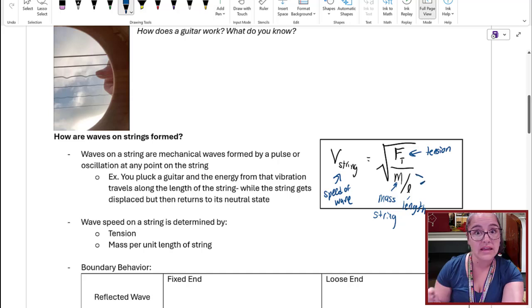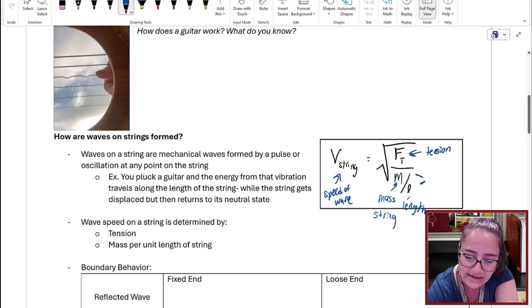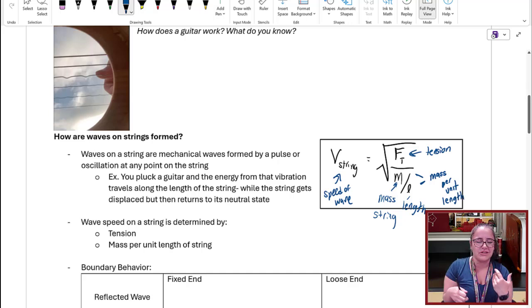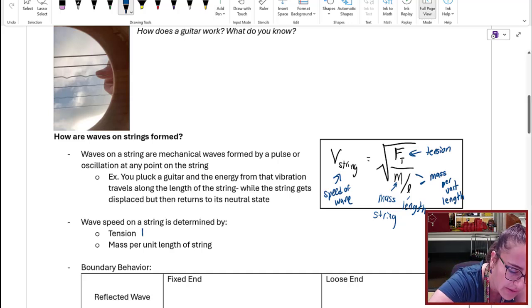Sometimes they'll give these to you together as the mass per unit length. Okay, very similar. You can think of it as like the density of the string. It's just in terms of the length of the string rather than in terms of the volume of it. Okay, so it is a square root relationship, but the tension, obviously, if you increase the tension, you're going to be going faster.